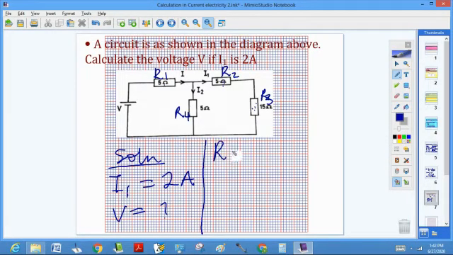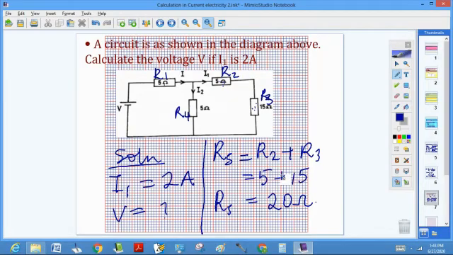We'll start by saying RS, the resistance in series connection between R2 and R3, is equal to R2 plus R3, which is 5 plus 15, and that gives us 20 ohms.